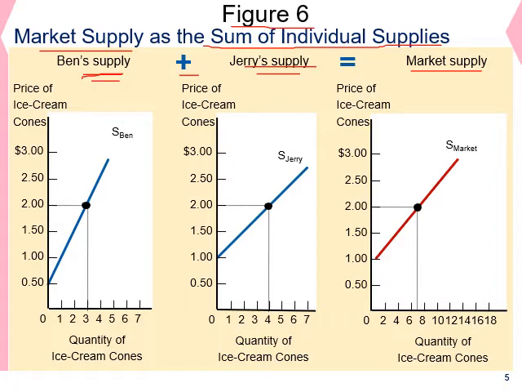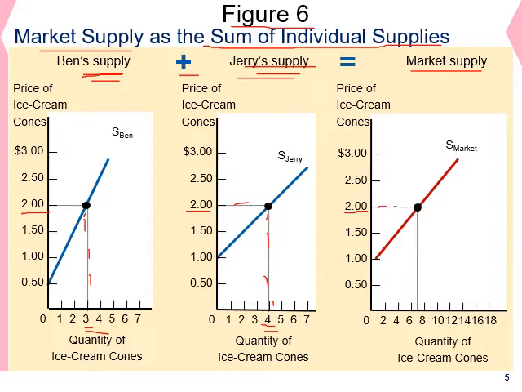You can see that at $2 a cone, Ben will supply 3 cones. At the same $2, Jerry will supply 4 cones. So to derive the market supply at $2, we take the supply by Ben, 3, plus the supply by Jerry, 4, which is equal to 7.